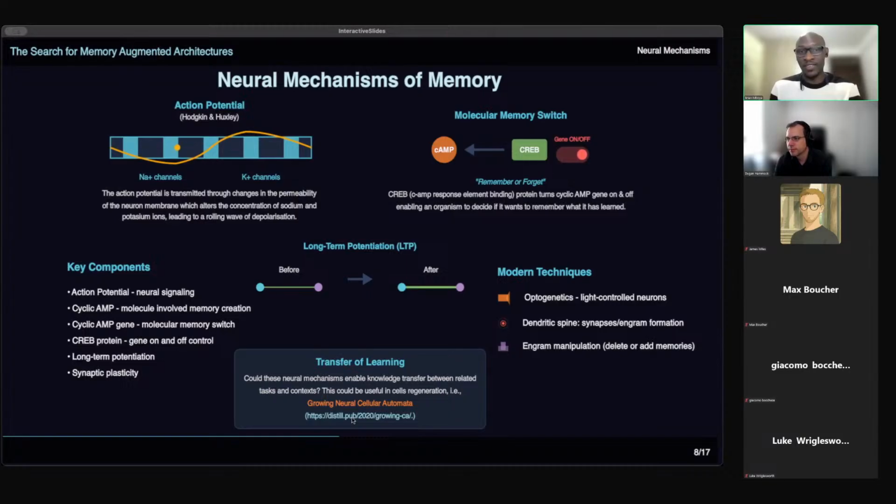And if you go to this link, you can play around with some simulations that have been done, like the growing of cellular automata using a few manipulations. So yes, I think there's potential in transfer of learning, especially in the current systems we are using.